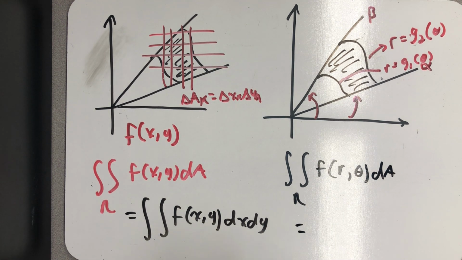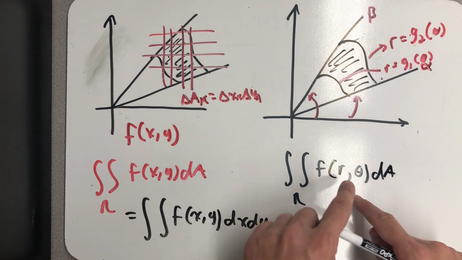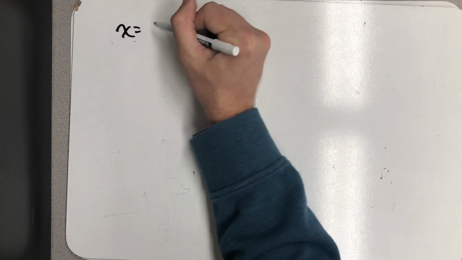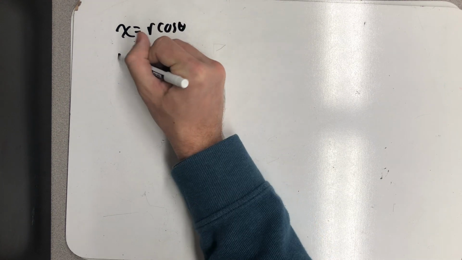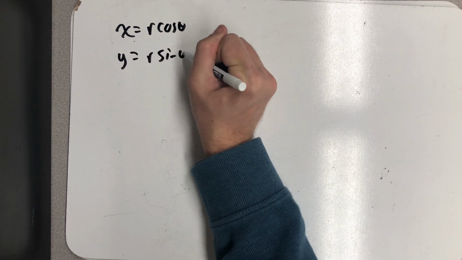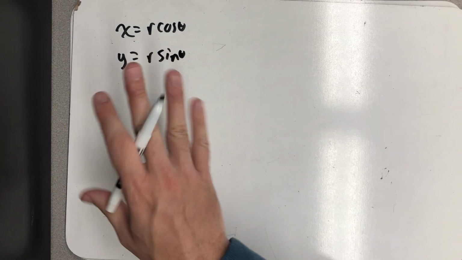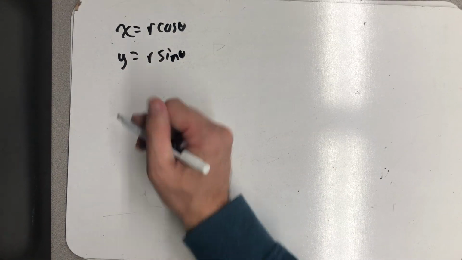Well, if I was converting a rectangular equation to polar coordinates, I already know how to make it a function of r and theta, because I know in polar coordinates x is equal to r cosine theta and y is equal to r sine theta. So no matter what function I was given, whether it's in polar coordinates or rectangular coordinates, I could make it be in polar coordinates.